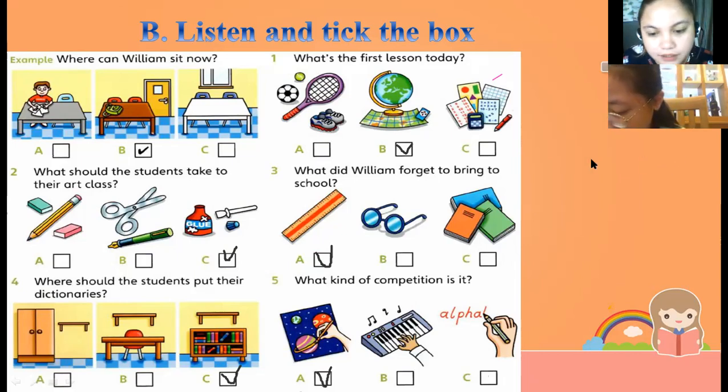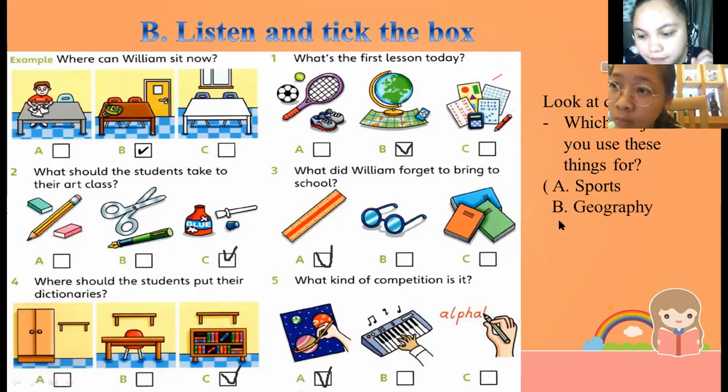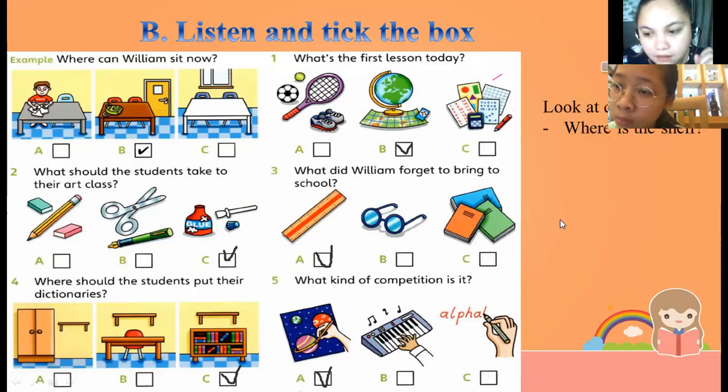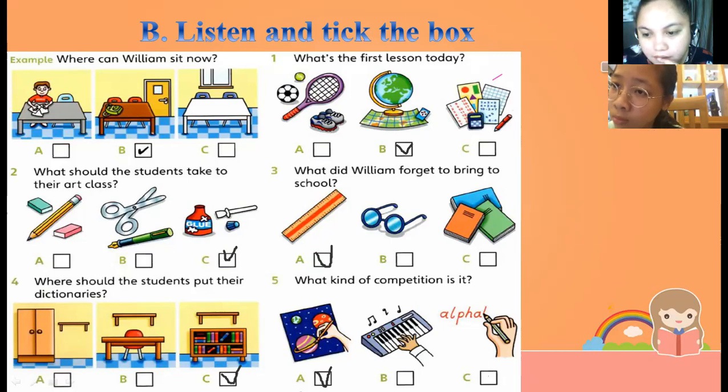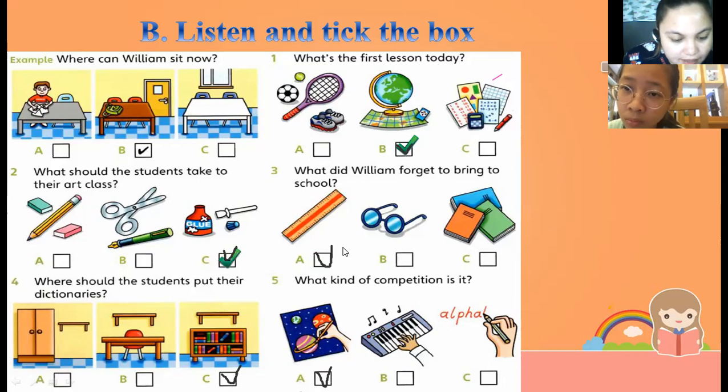Okay, so let's answer number 1. What's the first lesson today? Answer is B, correct? Number 2, what should the students take to their art class? Answer is letter C, correct?